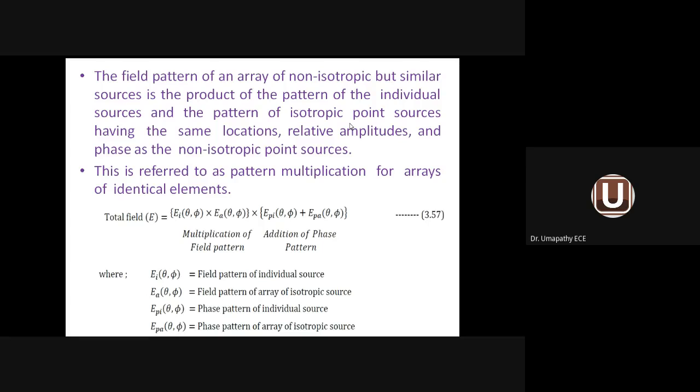First of all, in that 4 antenna array, take one element. Find out the radiation pattern for that one element. Keep it aside on the left hand side. Find out the radiation pattern of the isotropic antenna, which is readily available. Take it on the right hand side. Now multiply both the parameters, left hand and right hand side, and you will get the radiation pattern of the given antenna array.